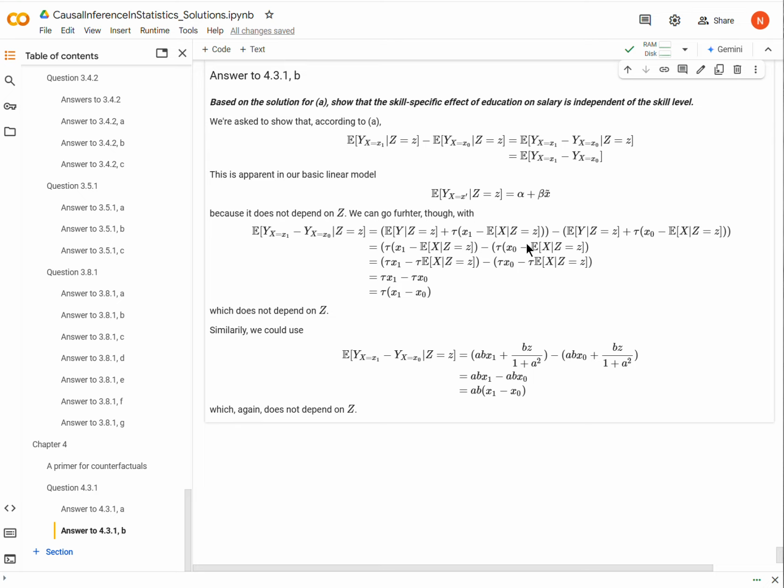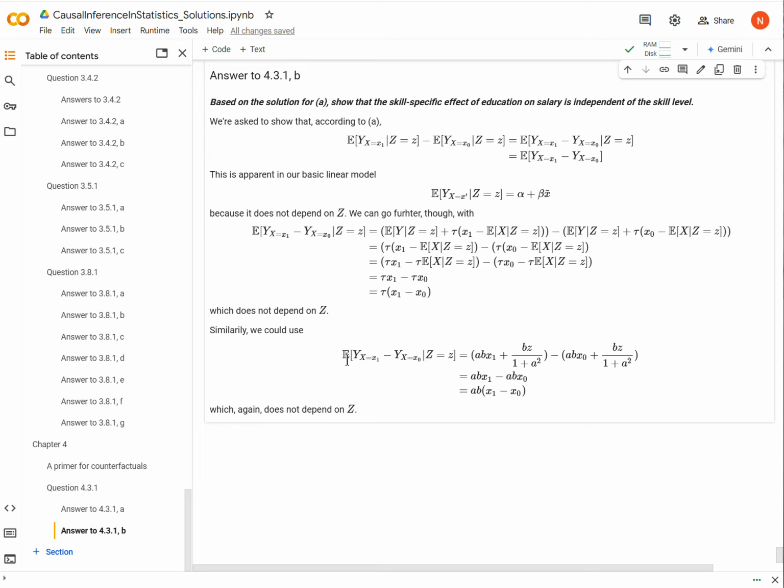And so now I'm just left with tau x1 minus tau x naught. So I'm going to multiply the taus through, so I'll get here and here. Well, now they both have in common this tau expected value of x given z, those drop out. And then I'm just left with tau x1 minus tau x naught, which we could further simplify. But what's important is there's no z in this final expression. So it's not dependent on z.